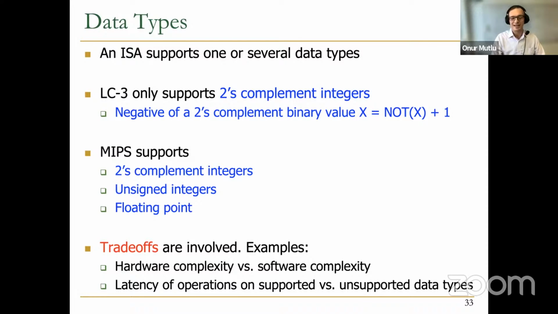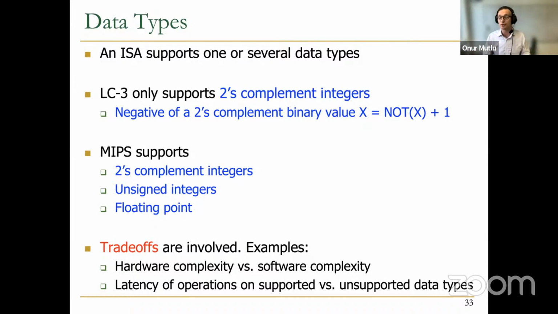And again, it's the same trade-off as we discussed in instruction latency of operations supported versus unsupported data types. We will see that later on when we talk about some specific instructions. But for example, if you have an unsupported data type, for example, you don't support floating point, how does a programmer express fractional values using 2's complement integers? There's no fractional value.